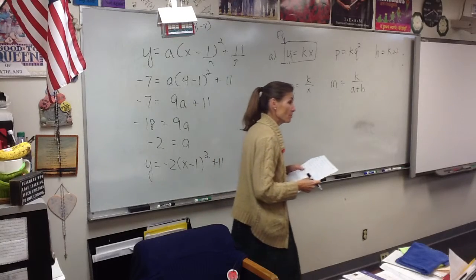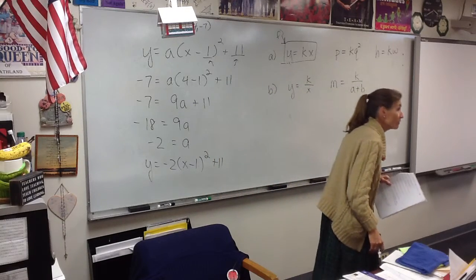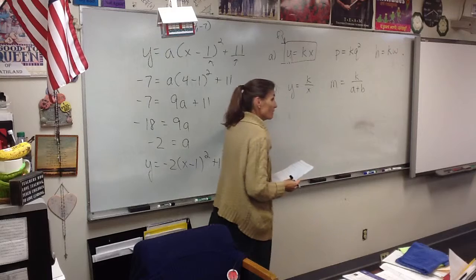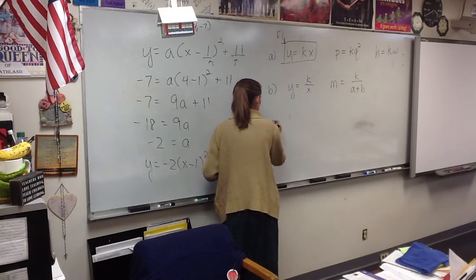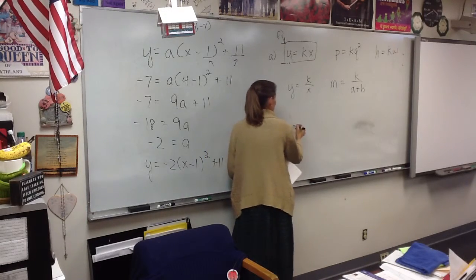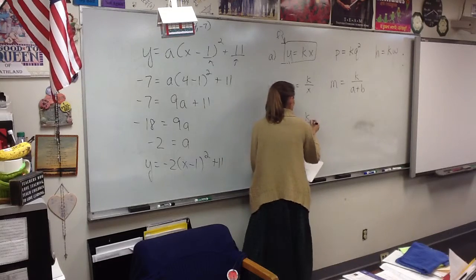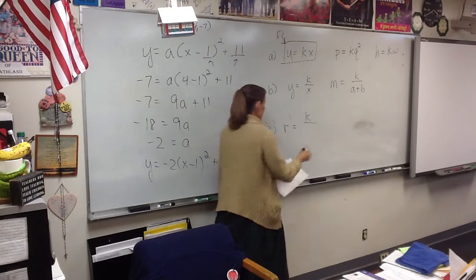Except G doesn't say proportional, it says inversely. So G is going to follow this one. Rate is inversely proportional to distance.